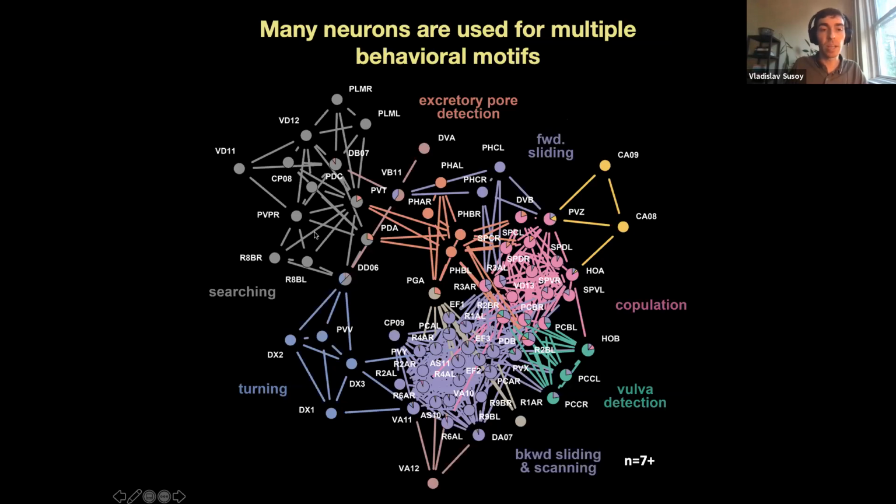The other way of looking at these connectivity patterns and comparing them to the activity patterns is to first arrange the neurons by their similarity in activity, using link clustering that I mentioned before. So we have groups of neurons which are active in scanning, turning, searching, and so on. And we can ask what is the density of synaptic connections within these groups of neurons and between the groups of neurons.